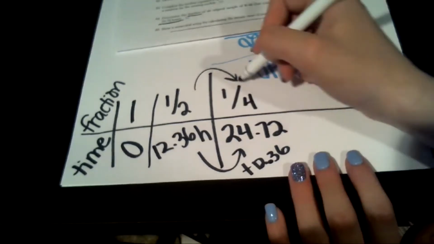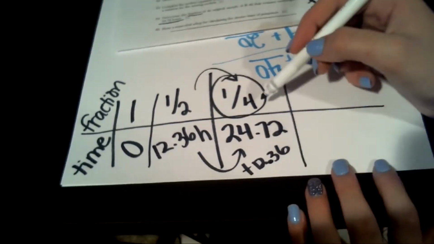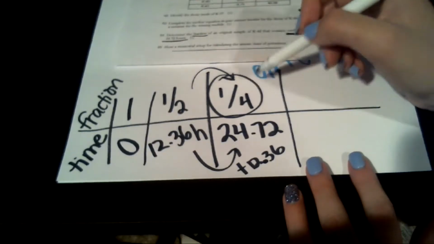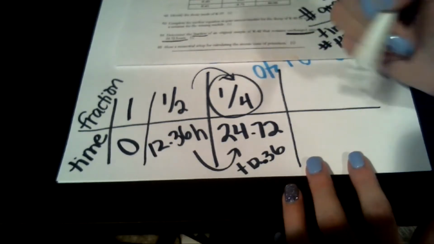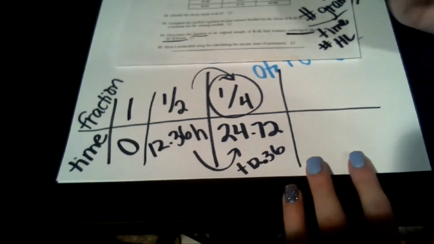So 1/4 of my sample is going to be left unchanged after 24.72 hours. So your answer has to be 1 over 4. It cannot be 0.25. It cannot be 25%. It has to be a fraction, 1 over 4.